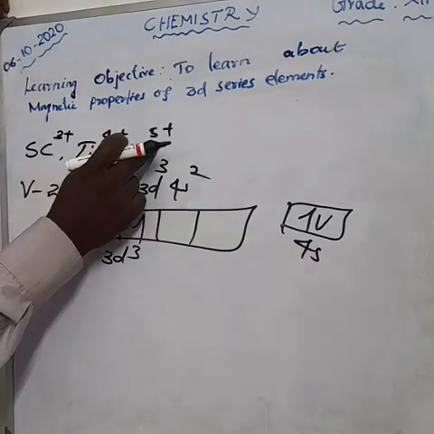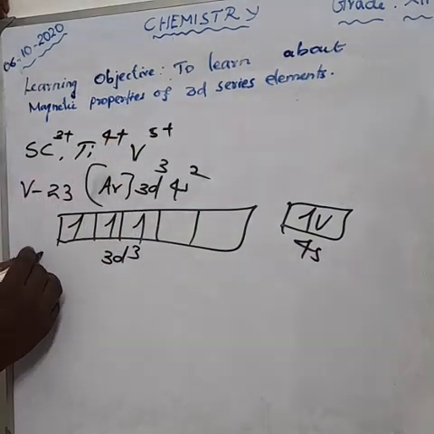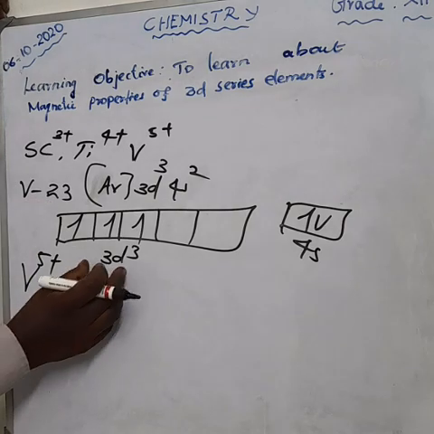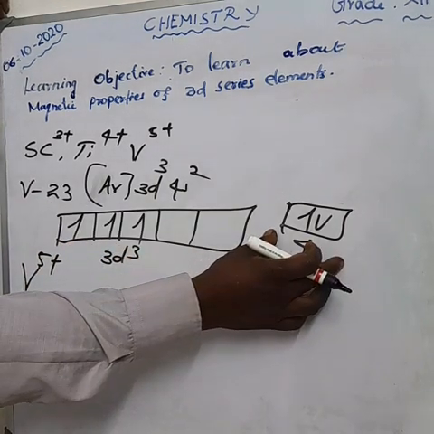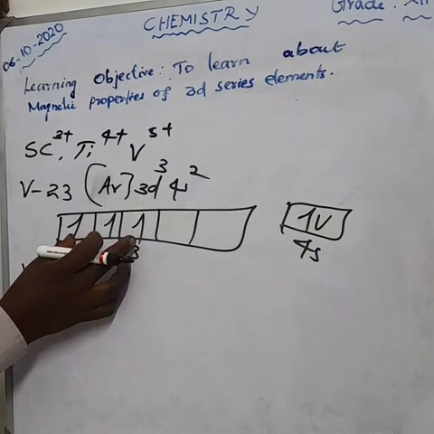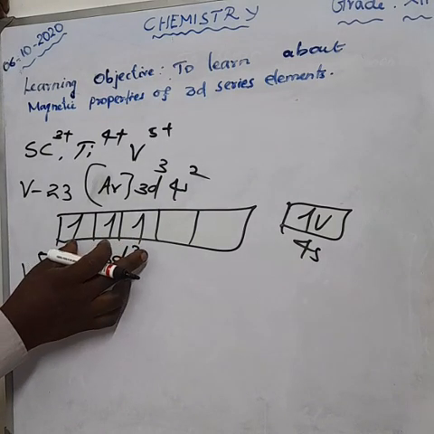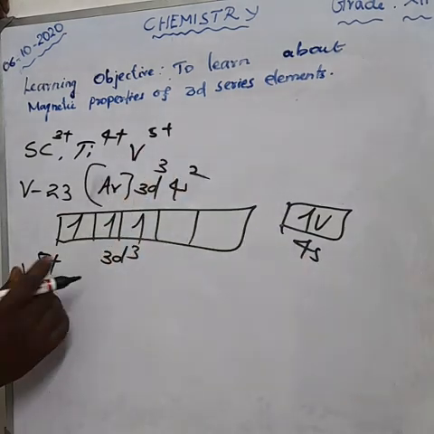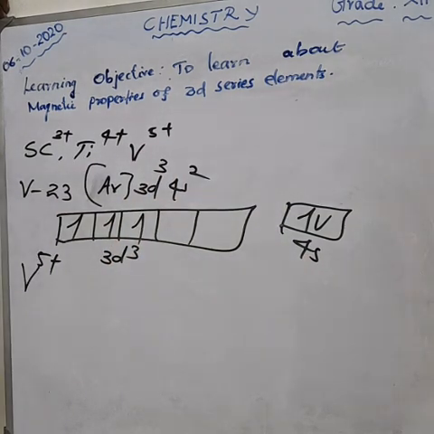It loses 5 electrons. That is vanadium 5 plus. 5 plus means it loses 5 electrons. So the 2 electrons of 4s are lost and also 3 electrons from the d subshell. So how many electrons? 3 plus 2, 5. Okay, that is V5+. What is the configuration?